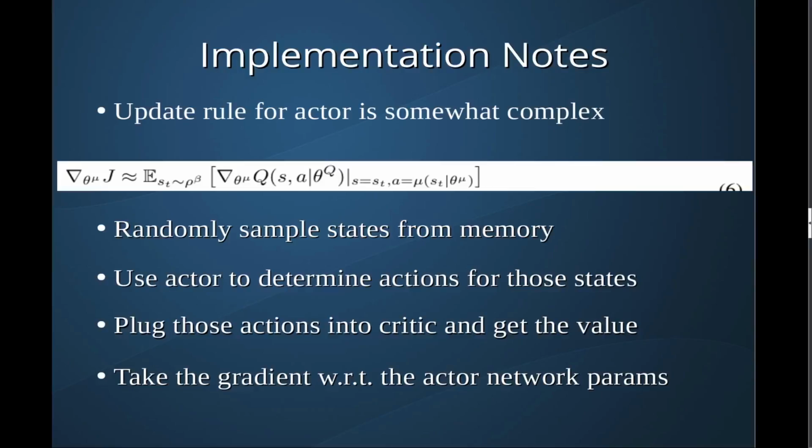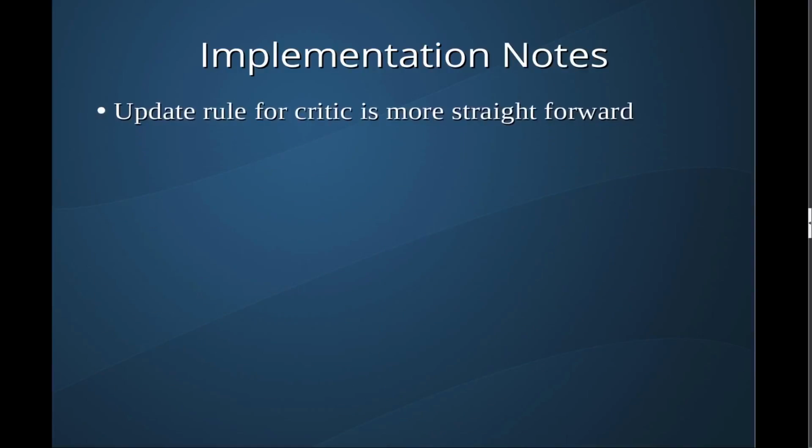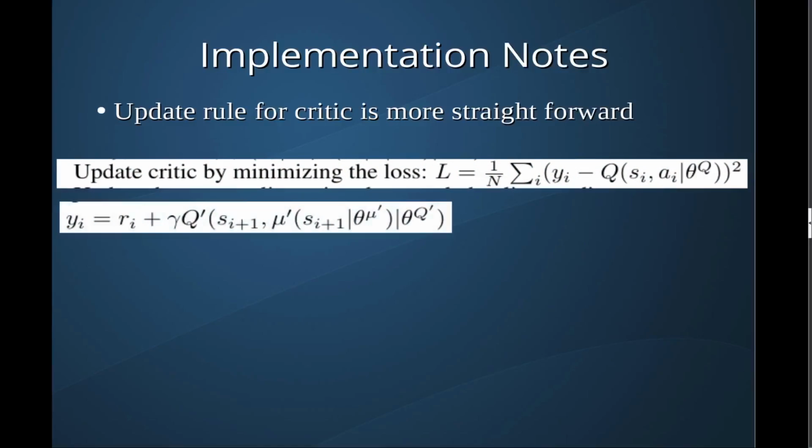So then the next question is, how do we implement our critic network? Well, fortunately, it's a little bit more straightforward, and it's more reminiscent of deep Q-learning. So we have this relatively simple loss function that is the mean squared error between this target value y sub i and this Q for the current state and action.